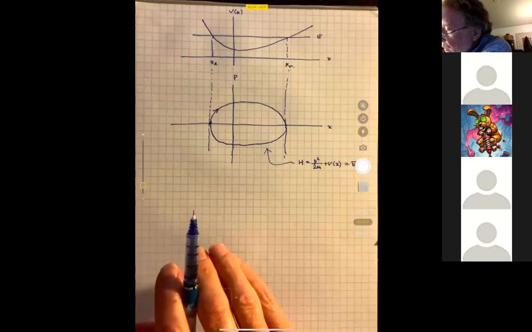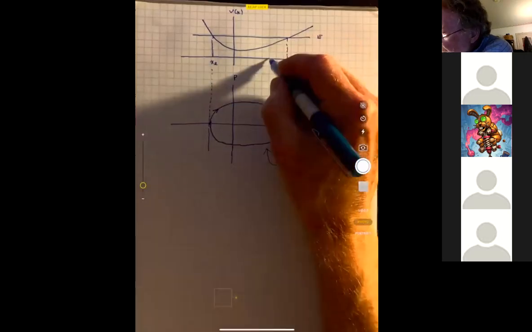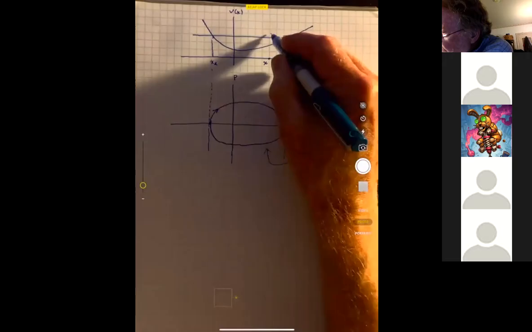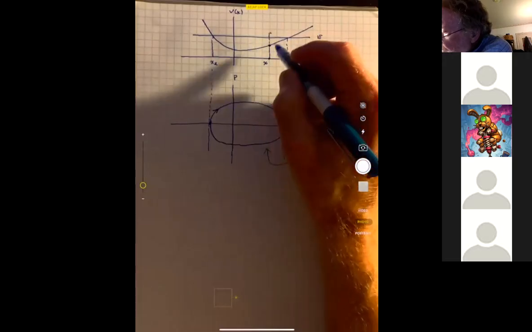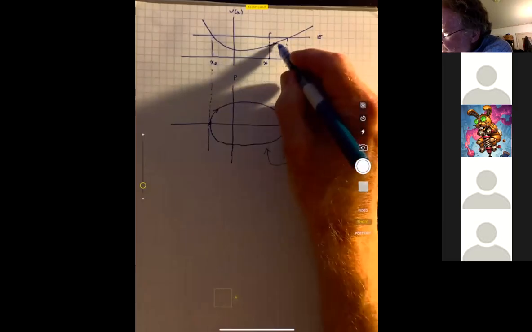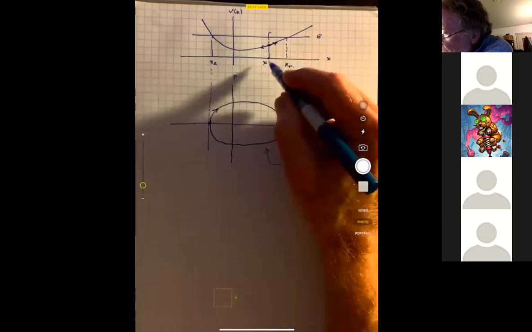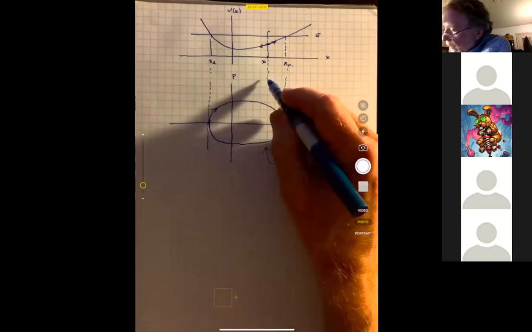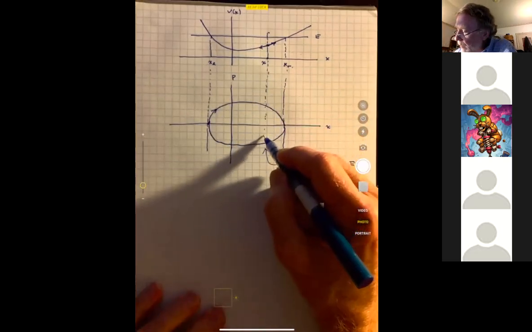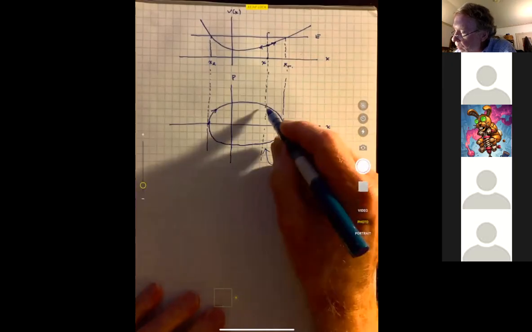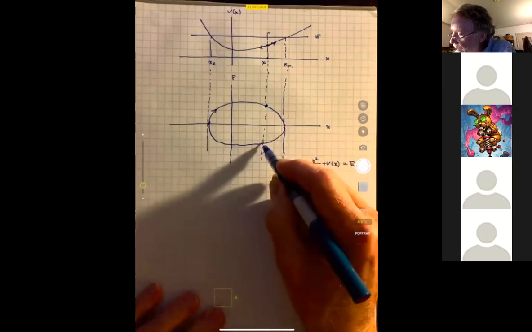Okay, so now if I take some x value here, like this, and I draw a dotted line like so, looking at this potential curve, the particle passes twice, once going to the right and once going to the left. If I bring the same x value down to the phase space diagram, coming on down, it intersects the orbit in two points, one there and one there.